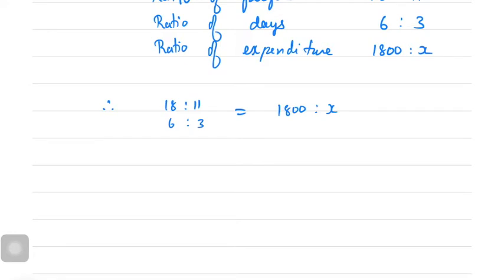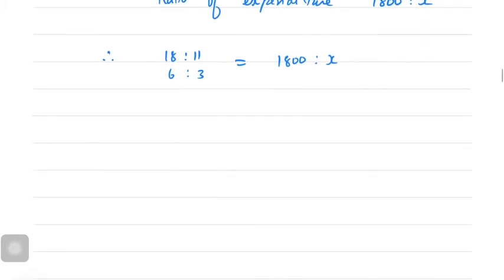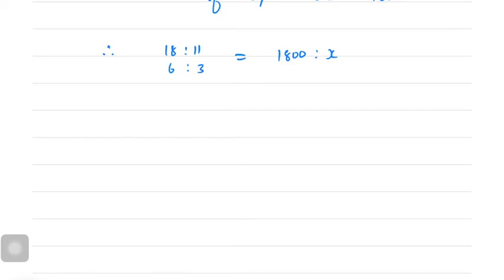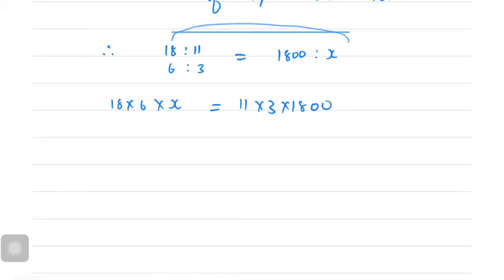So 18 and 6 together is A, 11 and 3 together is B, 1800 is C and x is D. Okay. So multiply the extremes. Product of extremes is equal to product of means, right? So extremes would be 18 into 6 into x is equal to 11 into 3 into 1800.